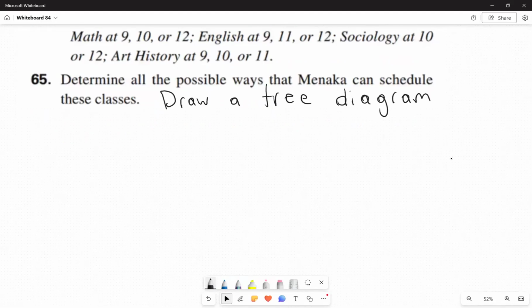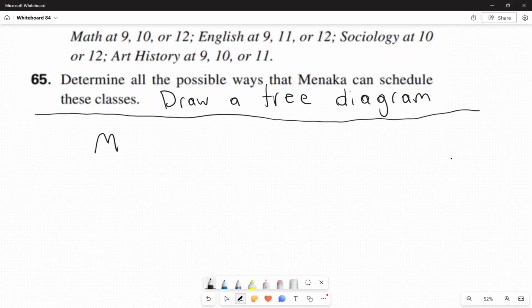One of the strategies, the second strategy, was to give names to unknowns. So M stands for math, E stands for English, S stands for sociology, and A stands for art history. If we start in this particular order, she can take math at 9, 10, or 12.